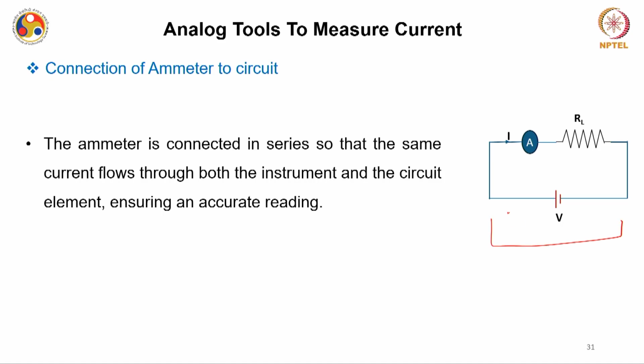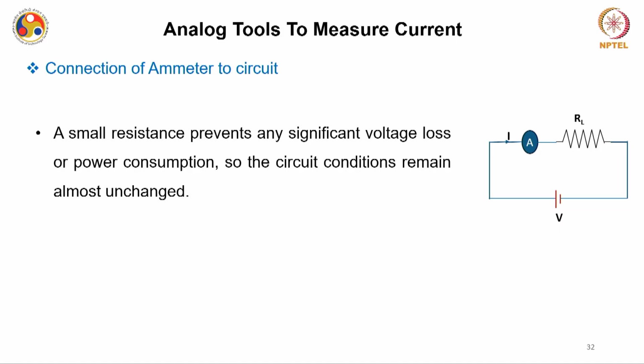The ammeter in this case is connected in series, so that the same current I which is flowing through this resistance is also flowing through this ammeter. This will ensure accurate reading of the current I. This current is unknown, which we want to measure, and it is flowing through this load resistance RL.